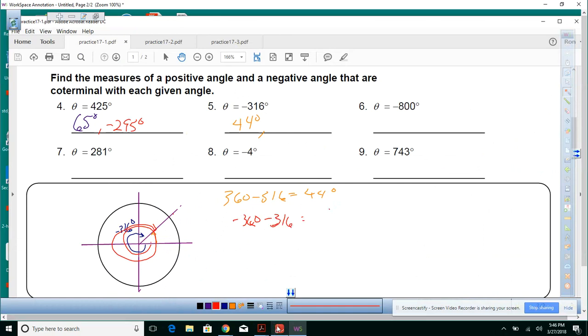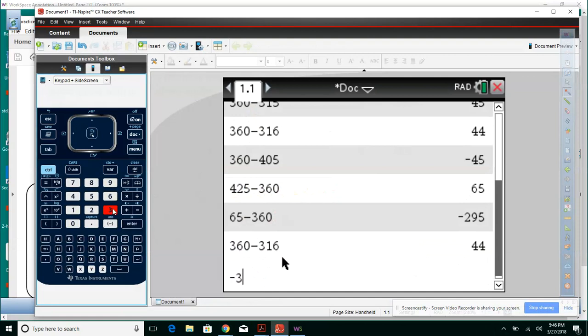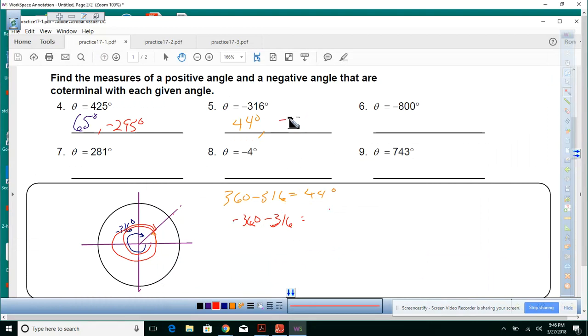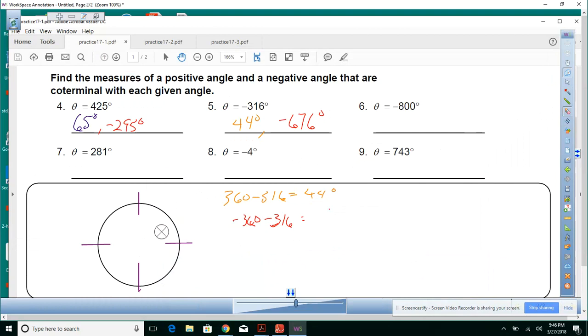All right, so negative 360 minus 316, and that gives you negative 676 degrees. Negative 676 degrees. All right, let's try negative 800. That's our next one, negative 800. Where's that going to be at? Number 6, negative 800. Let me put my axes back up.